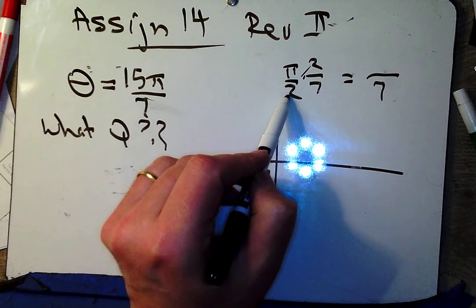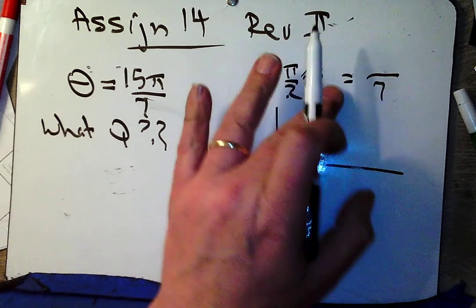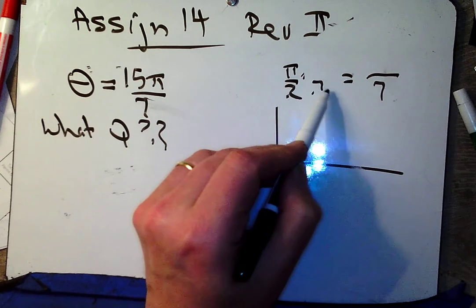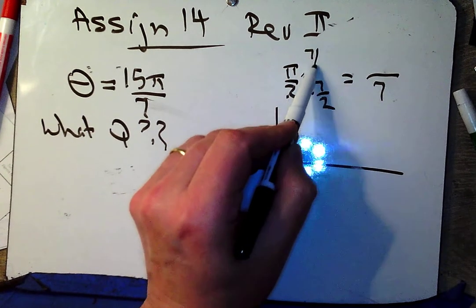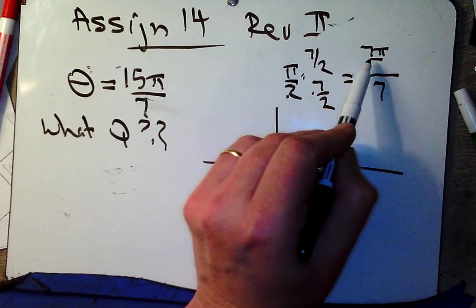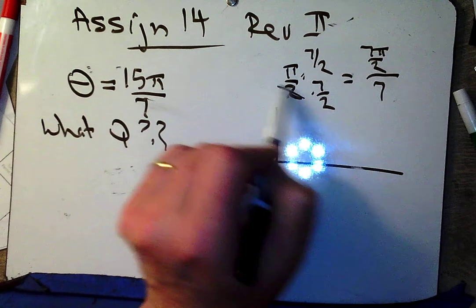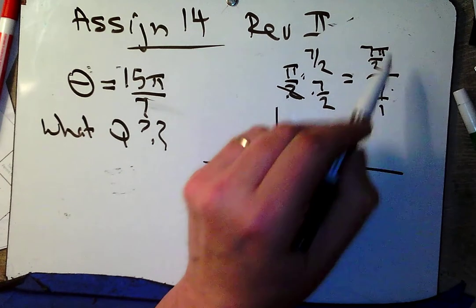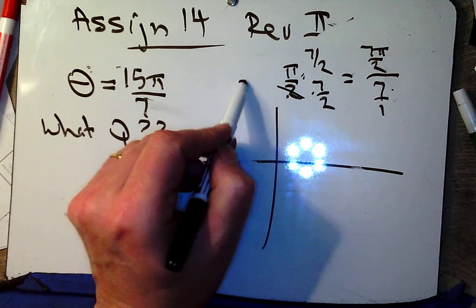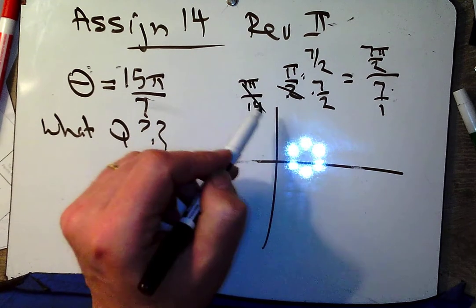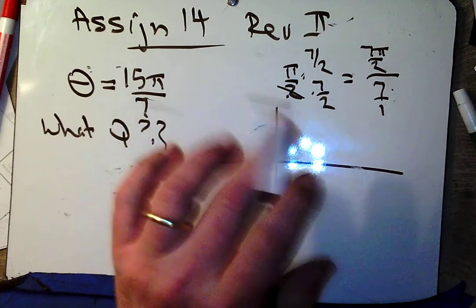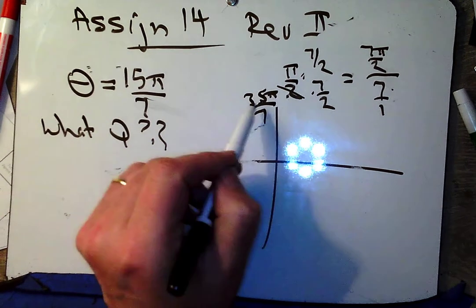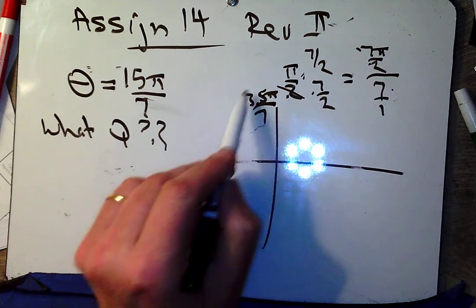That gives 7 halves. When I do the flip and multiply, I'd end up with 7 pi over 14, which brings me back to pi over 2, so I don't want to go there. I'm just going to say 3.5 pi over 7, because 7 divided by 2 is 3.5.